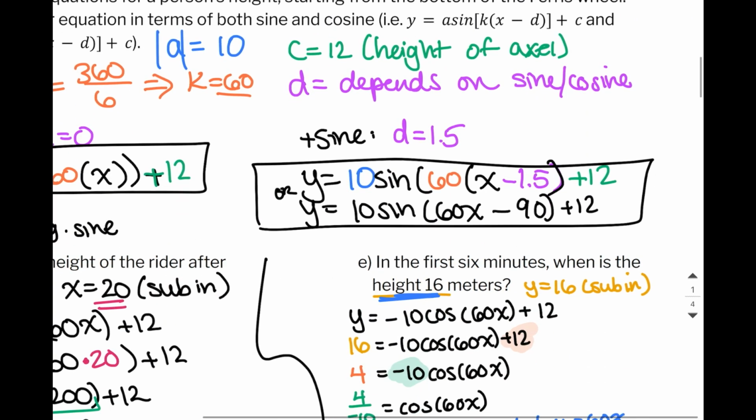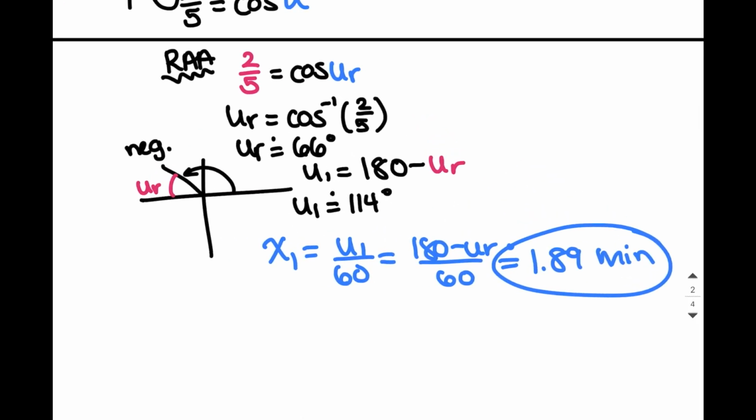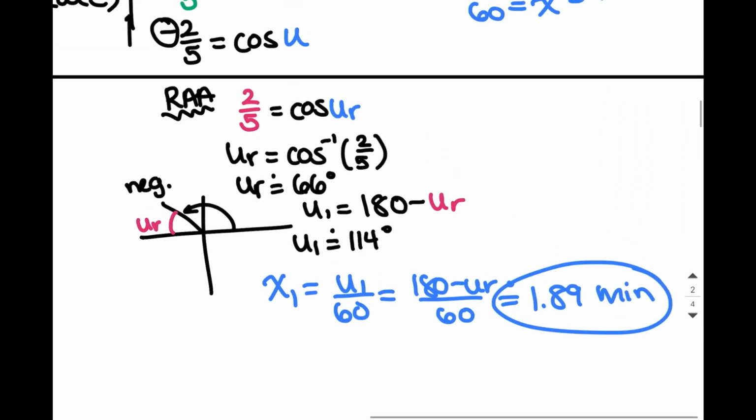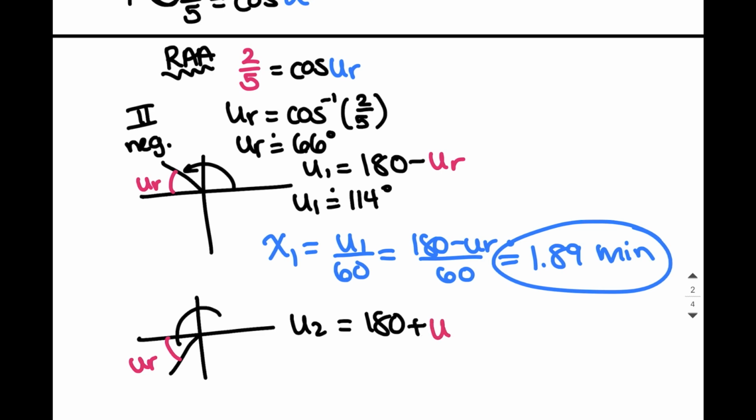The other way you can figure it out is you can use the fact that you know your related acute angle, because cosine is not negative just in quadrant 2, but it's also negative in quadrant 3. So we know that we figured out our related acute angle. If we want to find our second answer, it would be 180 plus our related acute angle.